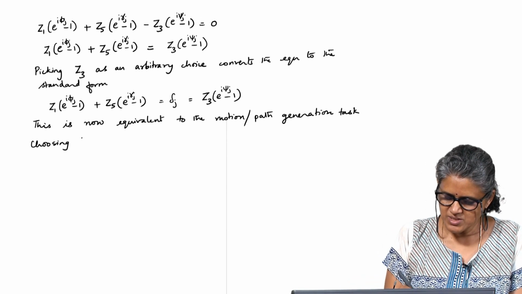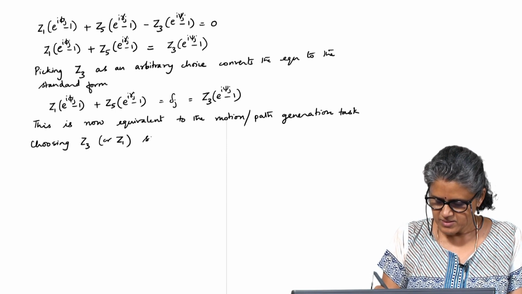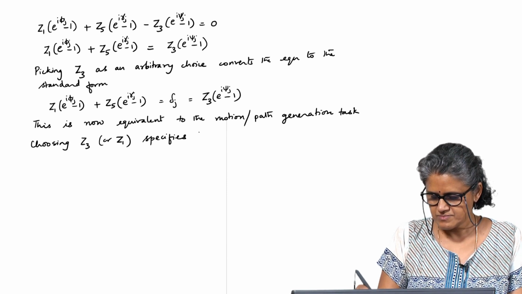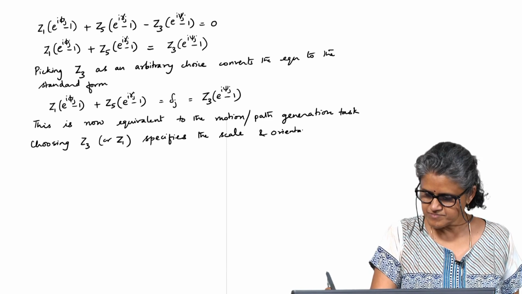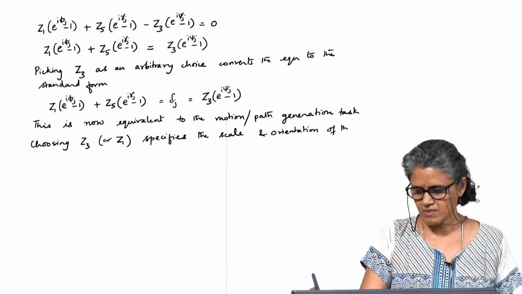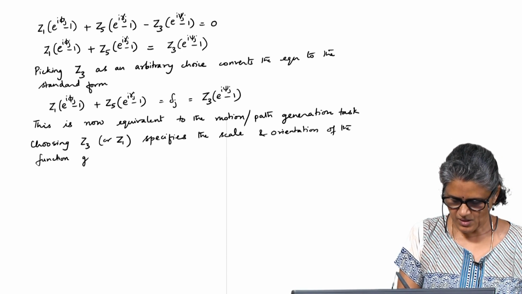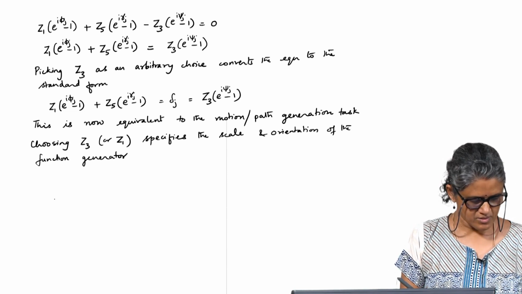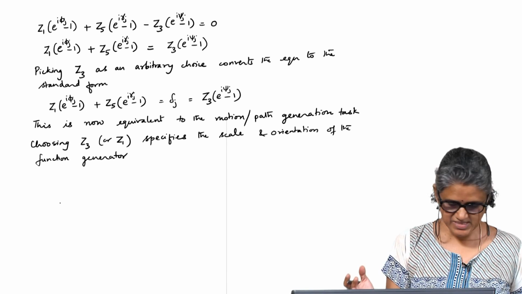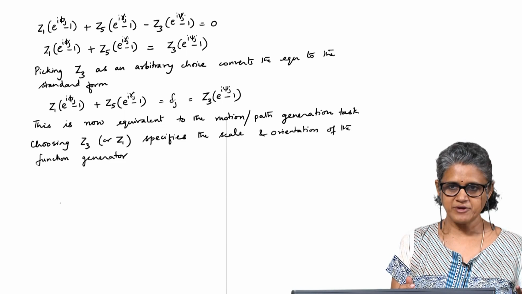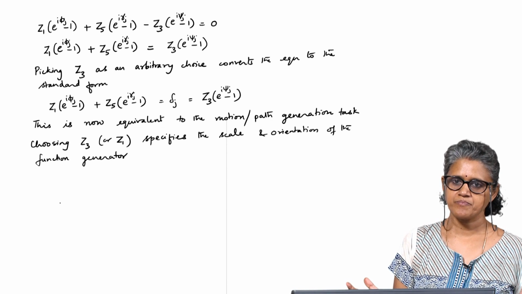So, choosing z3 or z1 specifies the scale and orientation of the function generator. So, once it is synthesized for function generation, it can be scaled up and down or oriented differently, and you will not change the input output relationship.